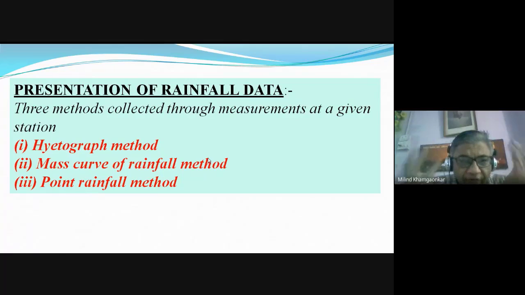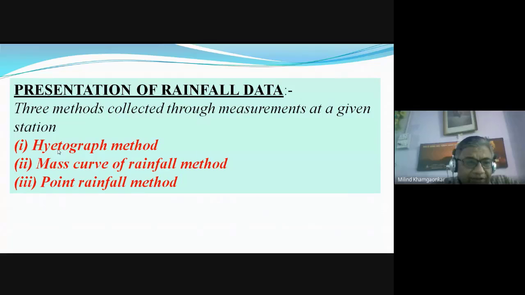This rainfall data may be available for one day, for 1 week, for 1 month, 1 year, or for 20, 50, or 100 years, and is reported or prepared in various forms. That is called the presentation of the rainfall.